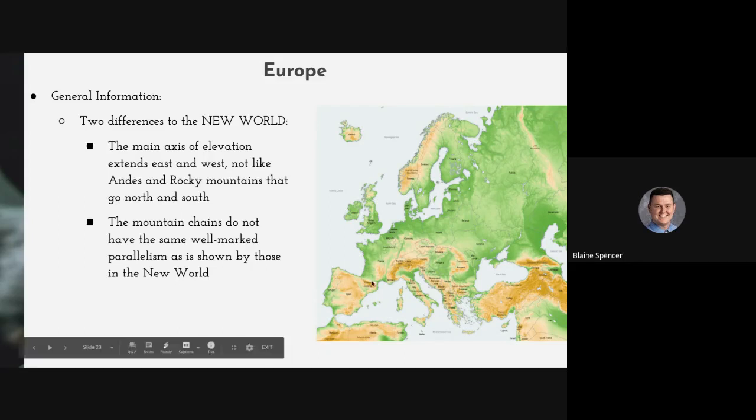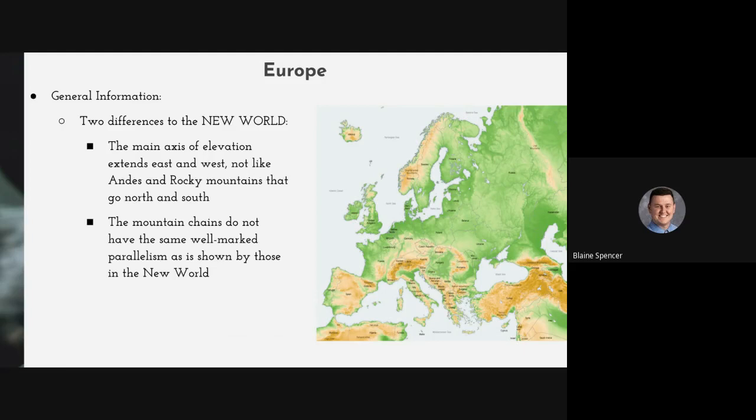If you're looking at the map, we see that the mountains really run east to west, not north to south. For the most part, now, yes, Norway is an example of a north to south range. It's a little bit different, but for the most part, in the bulk of Europe, it's going to be east to west.